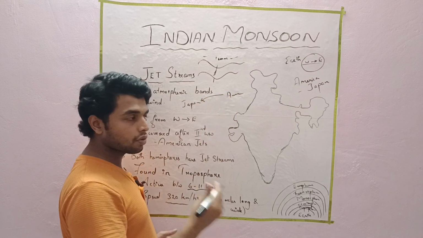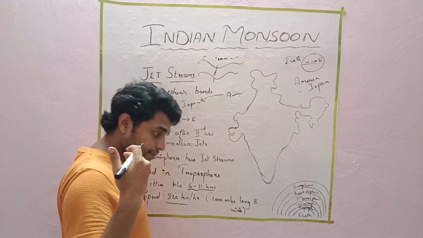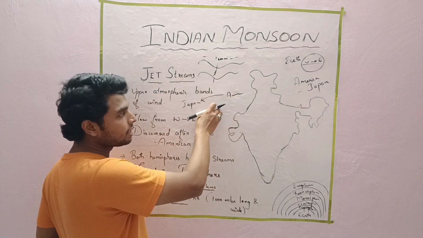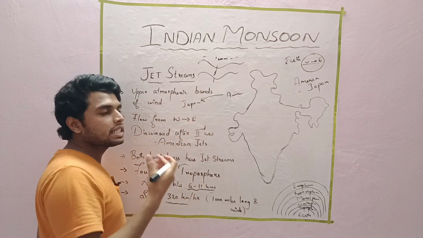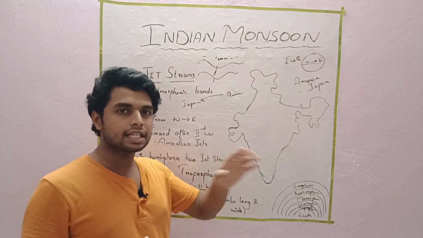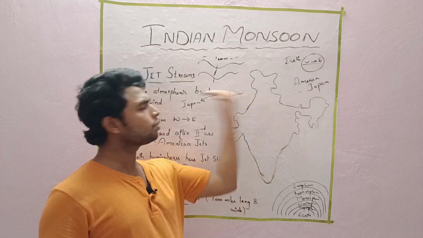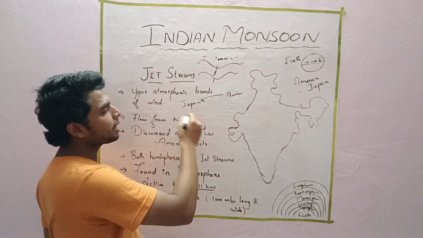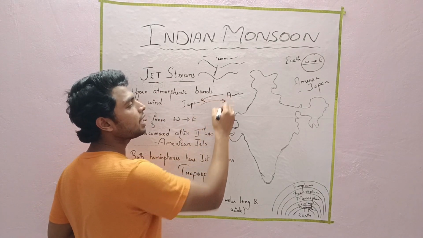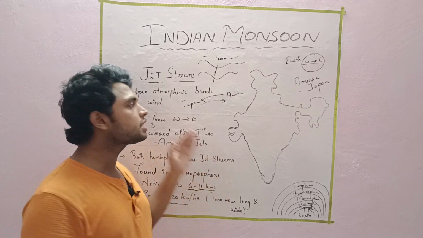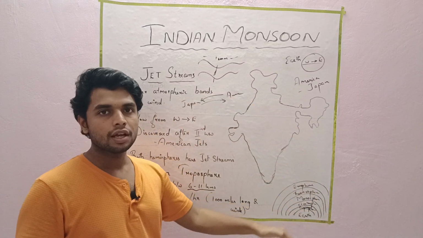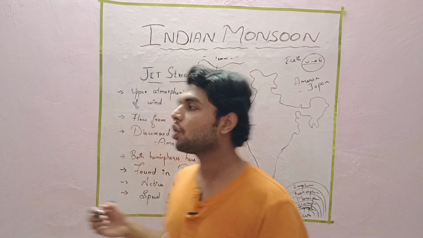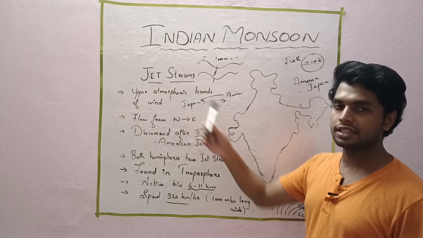You know how fast fighter jets travel. But when they traveled, they experienced a decrease in speed. They were not able to fly that fast. While they were coming back from Japan to America, they again experienced an increase in speed. After this incident only, they came to know about the jet streams.